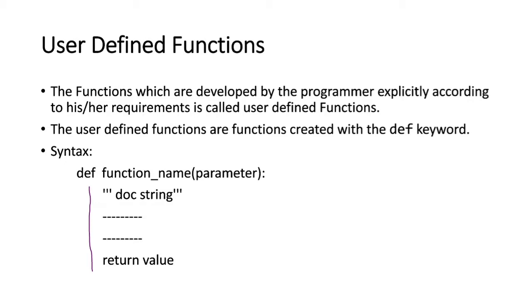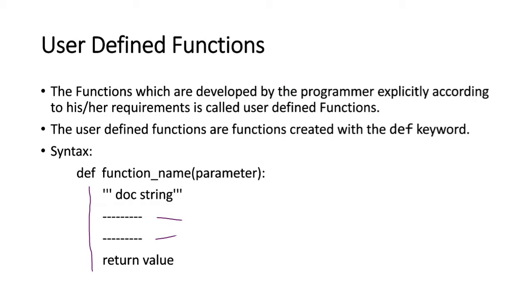And then, with this dash here, you can have your statements or your instructions written inside your function. And then there is a return value. Suppose that you want to use the output of your function outside the scope of your function, then you can ask the function to return the output. You can also return multiple values over here.